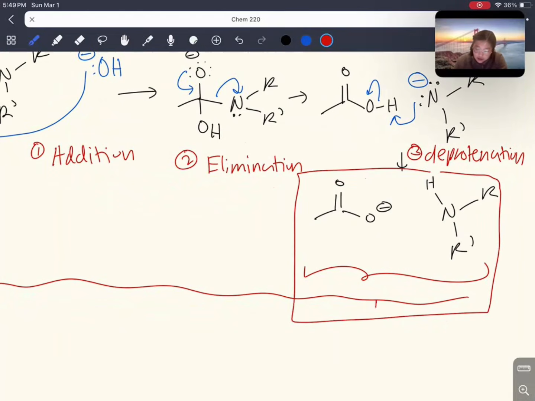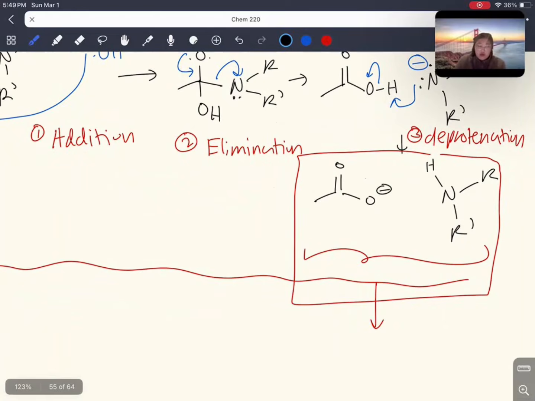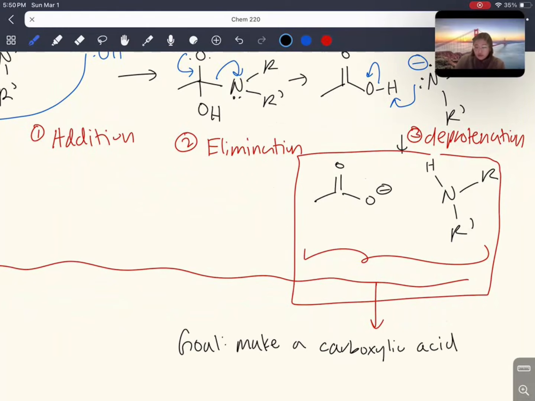Why would you want to perform a hydrolysis of an amide? It might be that in an experiment or a synthesis reaction, your goal is to make a carboxylic acid, and you have an amide.